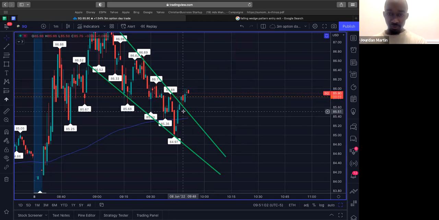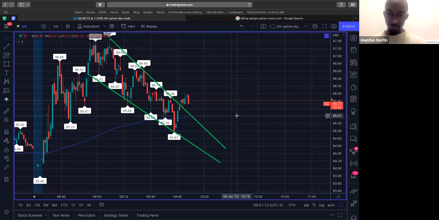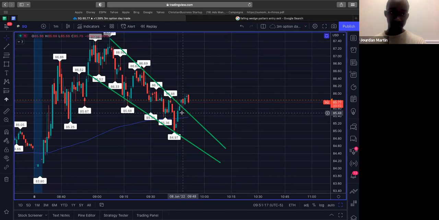I think I might use, because this will be a retest, I'm just going to use a close below this candle. So a close below 85.58 would be my exit.